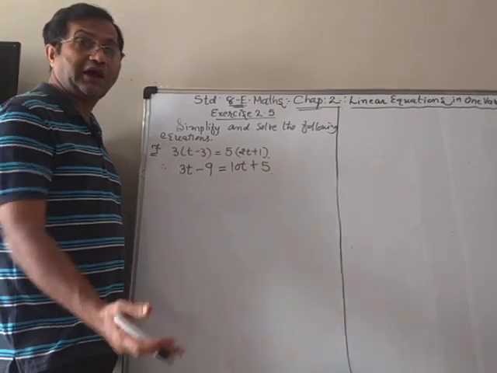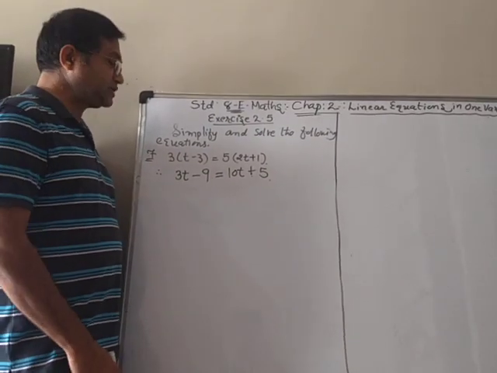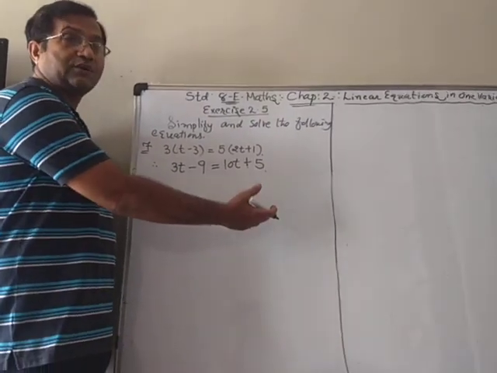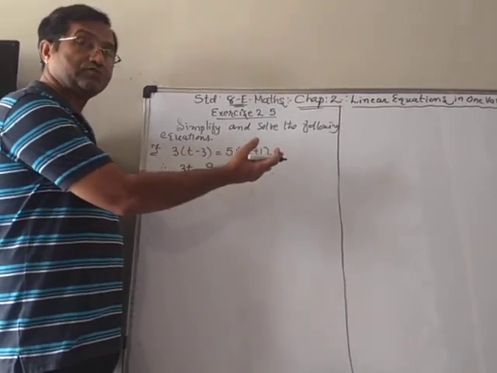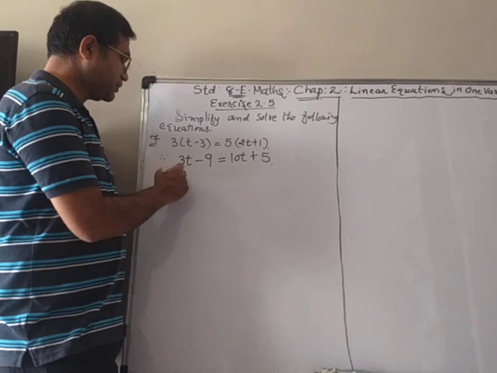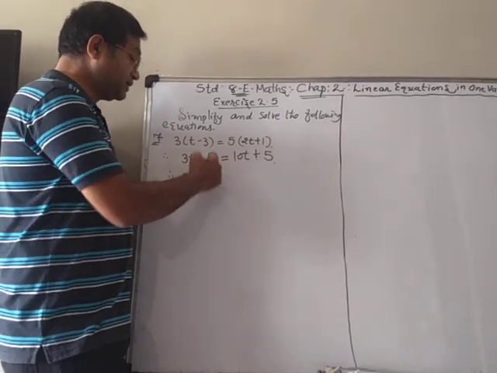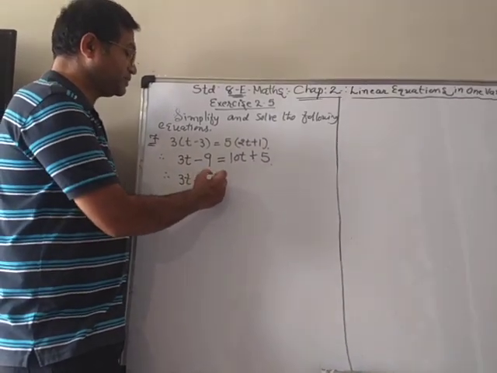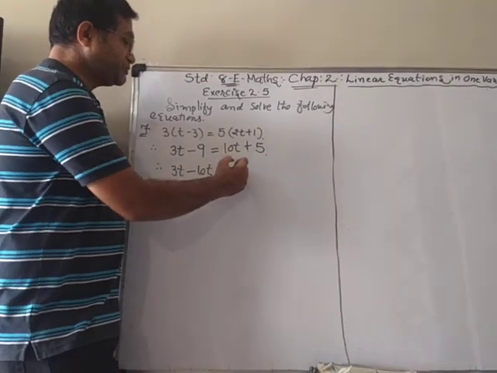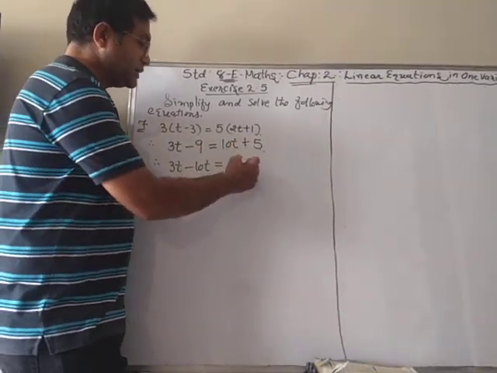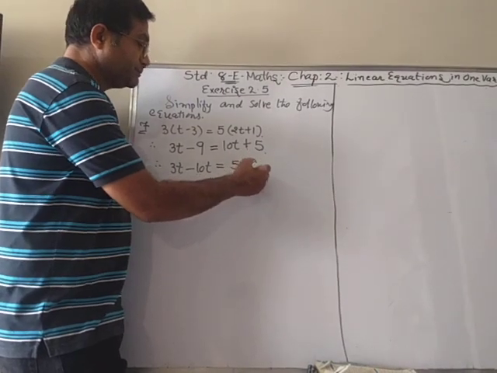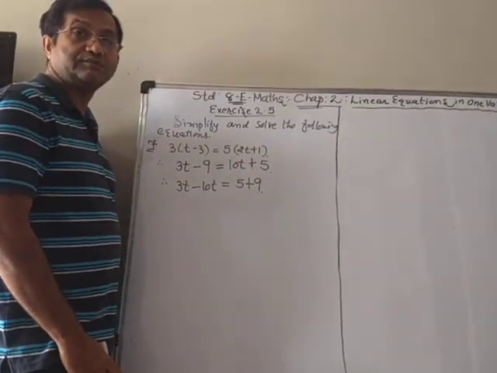Simple. Now arranging the terms, terms with the t on the LHS, others on the RHS. Therefore 3t, 10t becomes minus 10t here. 5 is plus, so you can write down only 5. And minus 9 will become plus 9.